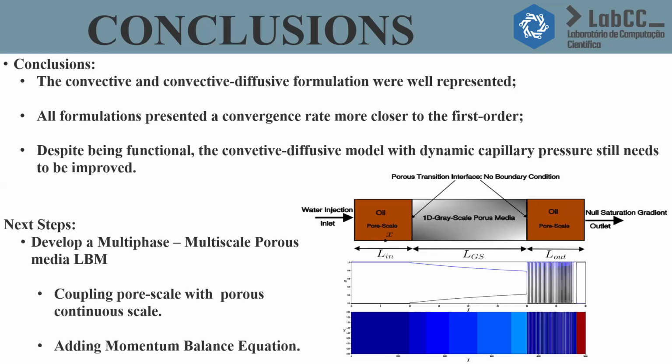the coloring step of the color gradient model is removed, and I have a diffusive effect where both fluids flow in the same direction, and at the outlet point, both fluids come out from the porous continuous region at the same time.